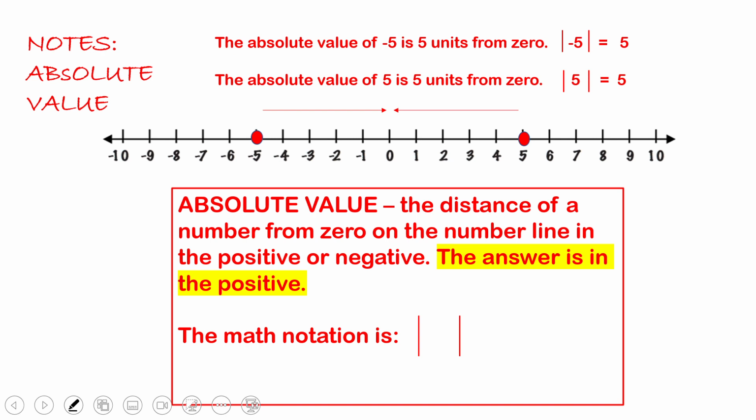The absolute value of -5 is 5 units from 0. The absolute value of -5 equals 5. The absolute value of +5 is also 5 units from 0. The absolute value of +5 is 5.